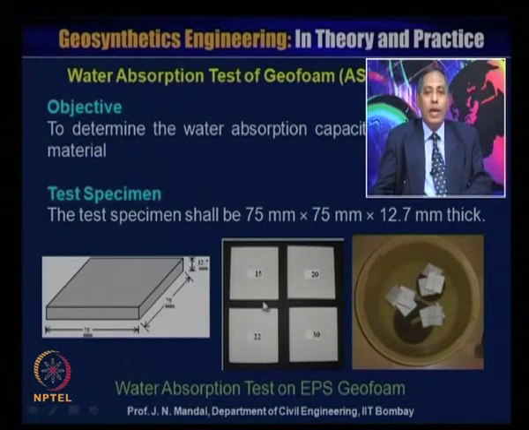So, you can see these are the different samples, for densities of 15, 20, 22 and 30, and this is the equipment in which the water absorption test has been performed on the EPS geofoam.